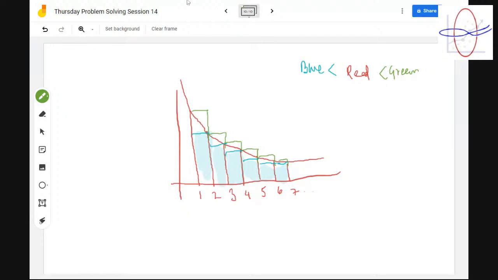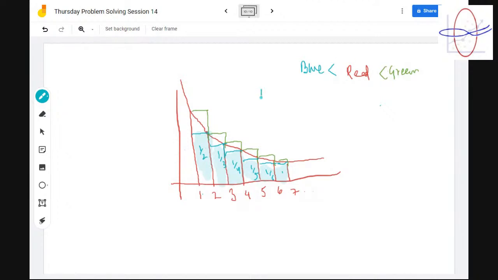Perfect. Okay, let's calculate the area of blue now. The height is 1 by 2, then 1 by 3, and the base is 1, then 1 by 4, 1 by 5, 1 by 6.